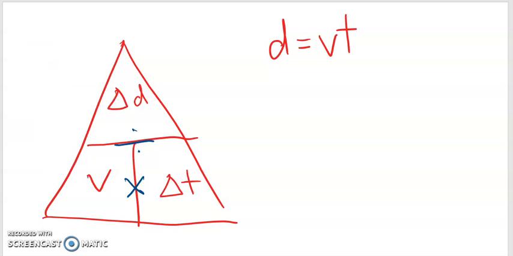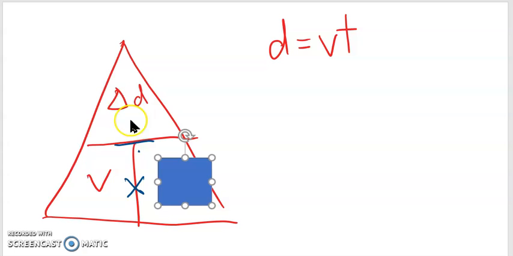What if we wanted to find out what time is? How could we use our formula triangle to do that? Well, if we cover up the t, because that's what we're trying to find out, we're left with d divided by v.